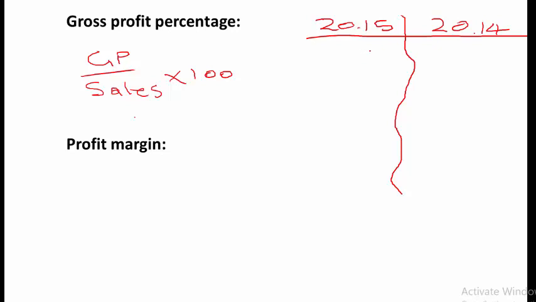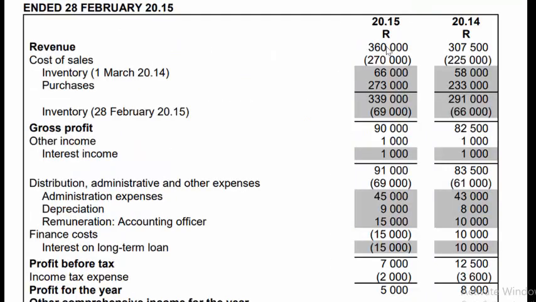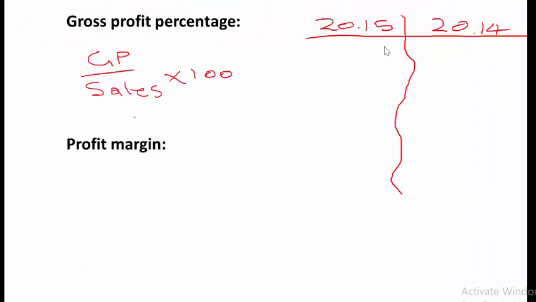For gross profit, we are going to be looking for your GP. So we go back to our financial statements. Here we have a GP of 90,000 for 2015 and 82,500 for 2014, and then we'll quickly scroll down and write those GPs. I'm enabling the pen for us.